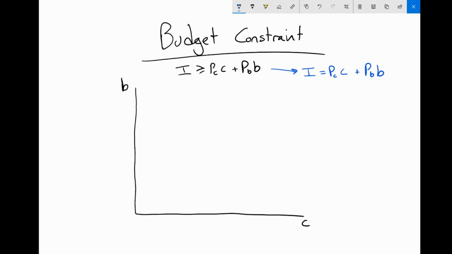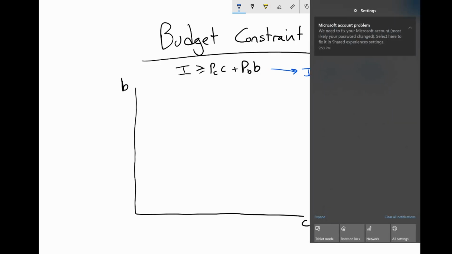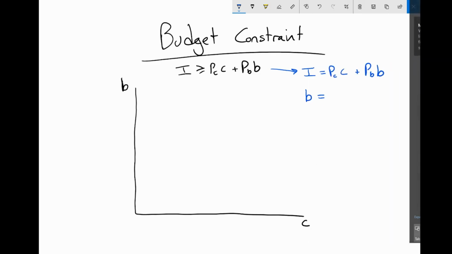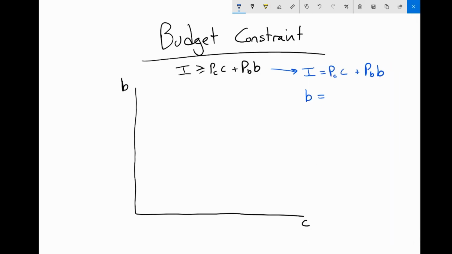All right, then I want to put the budget constraint onto this graph. If I wanted to do that, I need to solve this expression for B. So let me do that. This would be I minus P_C times C, divided by P_B.